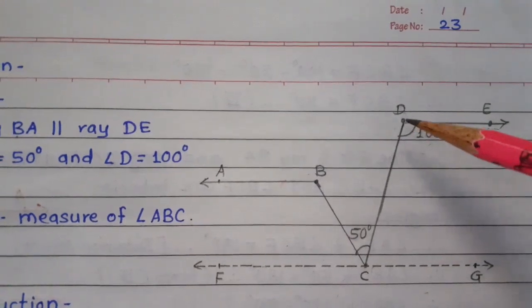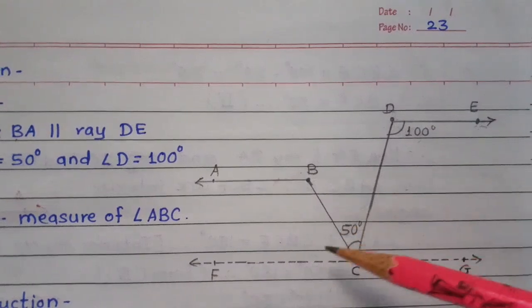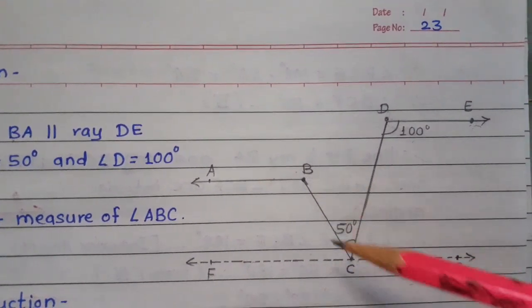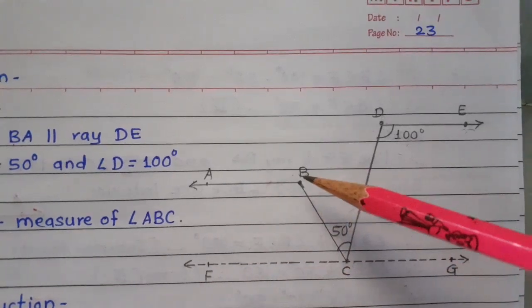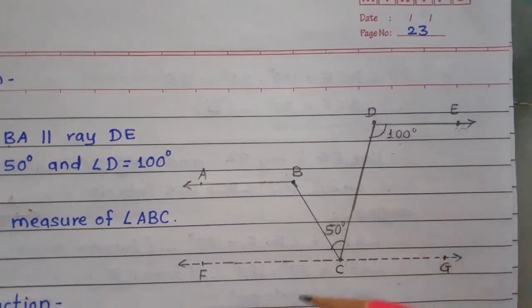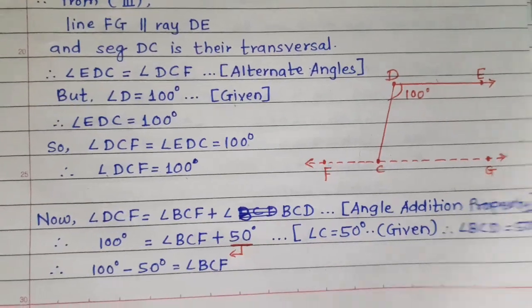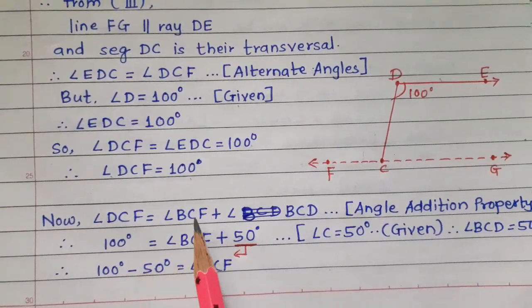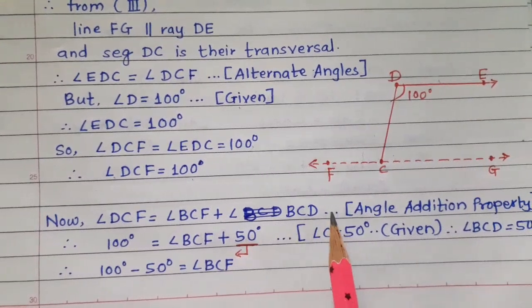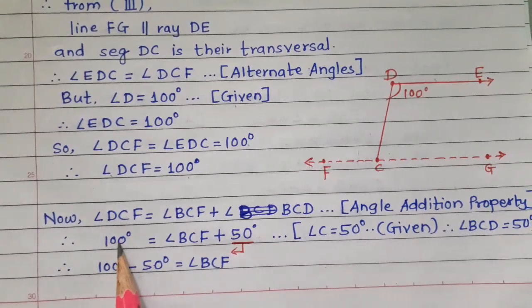That means we can get angle DCF by adding these two angles, angle BCF plus angle BCD. When we add these two angles, we get angle DCF. This is the angle addition property. Now angle DCF is equal to angle BCF plus angle BCD. Reason: angle addition property.